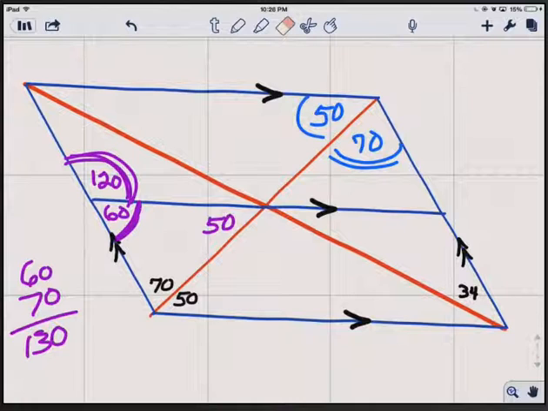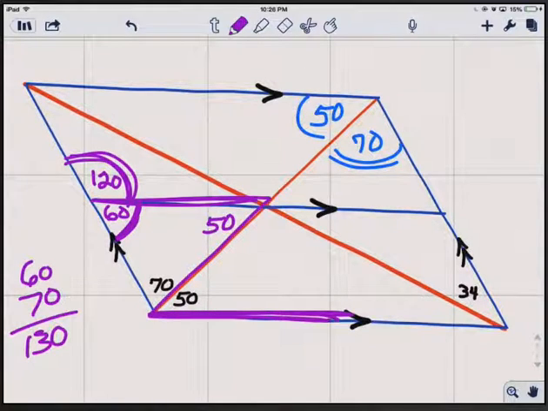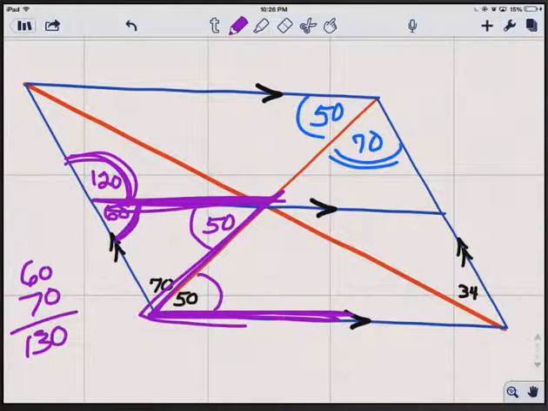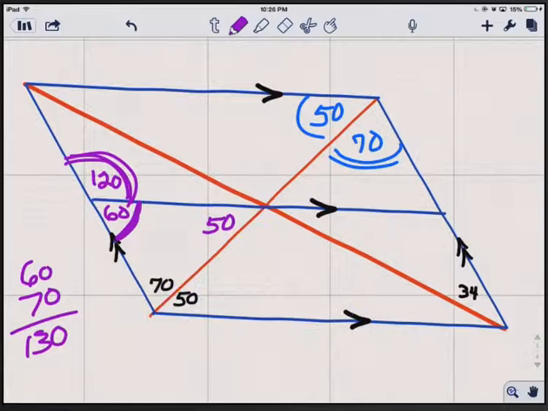And another way you could have found that angle is to state that this Z-shaped figure, formed by parallel lines and a transversal, has alternate interior angles that are congruent, so therefore those two angles would have to be congruent. So that's another way of justifying that 50 degrees is correct. And now we can proceed again a bunch of different ways.